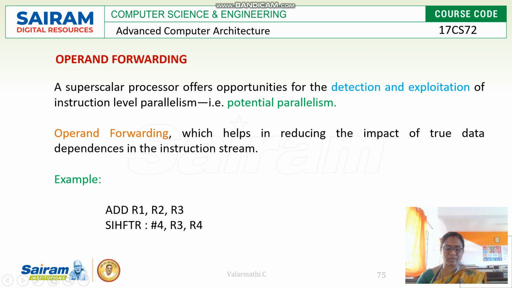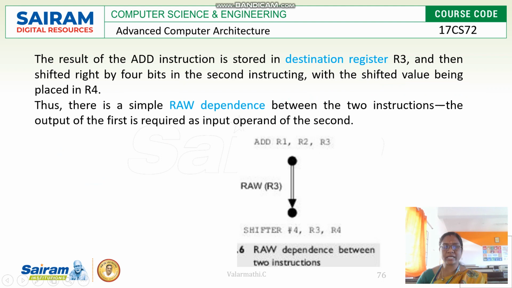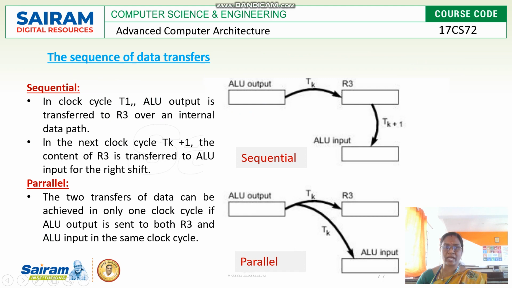Because the first instruction stores its result in R3, and the second instruction then reads the value from R3. So a read after write dependence exists on R3 between these two instructions, which is also shown by the arrow in the diagram.